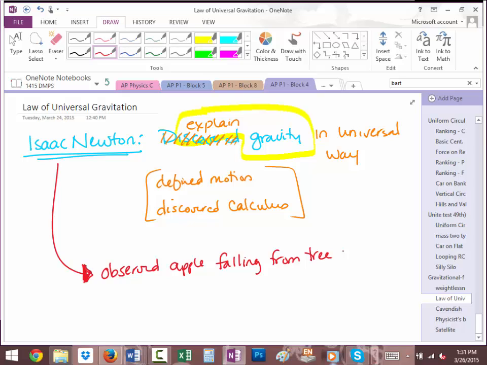So the way that the story kind of goes, right, he's watching this apple fall, and he was looking up at the sky, maybe it was close to dusk, and he looks up and he sees the moon. And the question was, is the moon falling? Why does the moon stay in orbit? Is it falling? Is that what's happening?